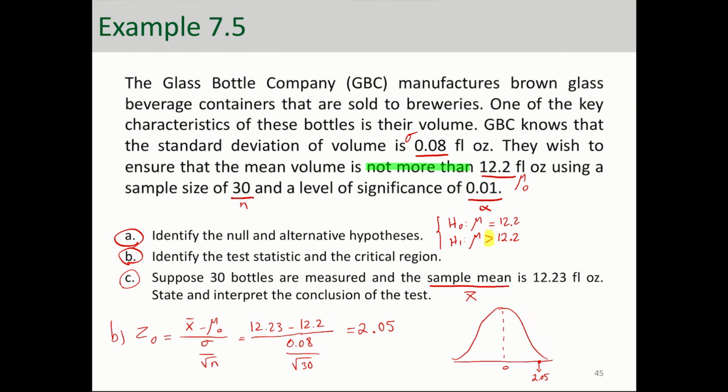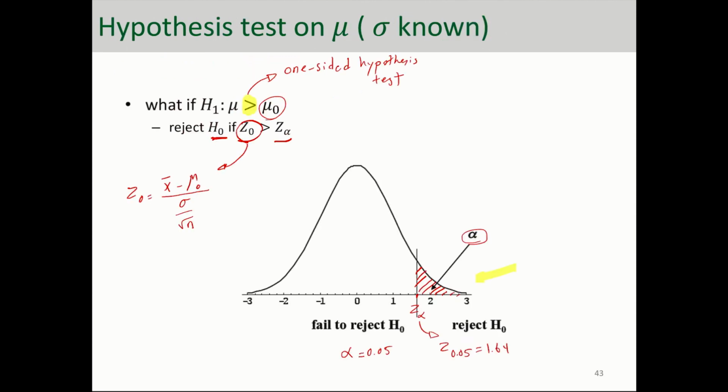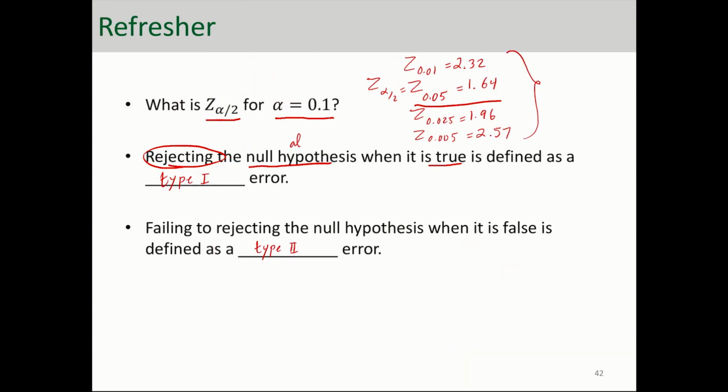So the critical region is when the z-score is more than z of alpha. And z of alpha is z of 0.01, and you can read that from the z table. You will see that it's 2.32, and we already talked about the common z values here. So this is the one that we're using.